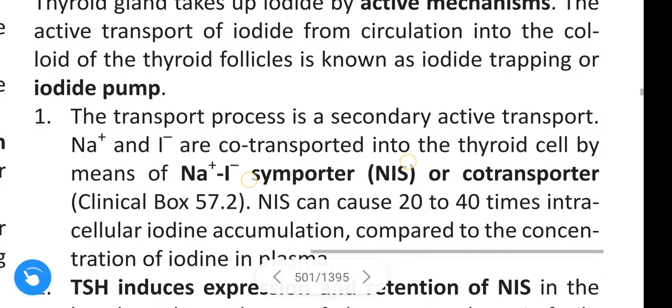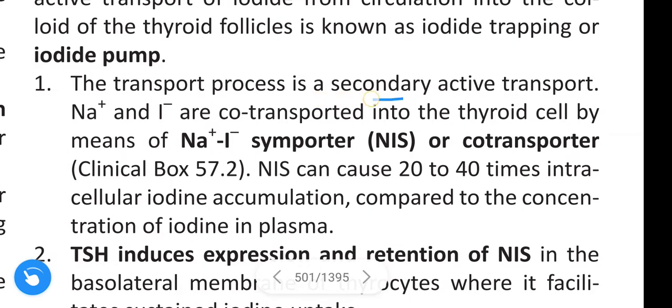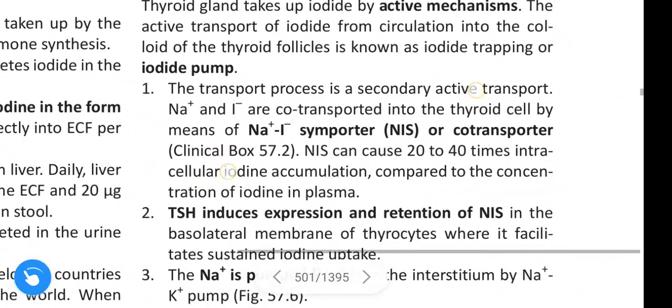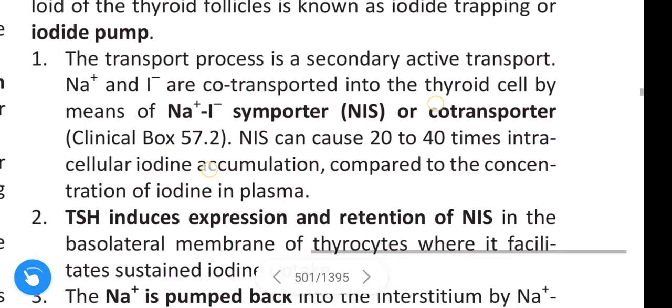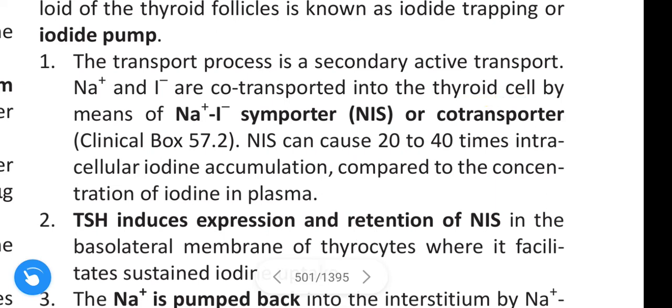The transport process is a secondary active transport. Sodium ion and iodide are co-transported into the thyroid cell by means of the sodium iodide symporter or co-transporter.